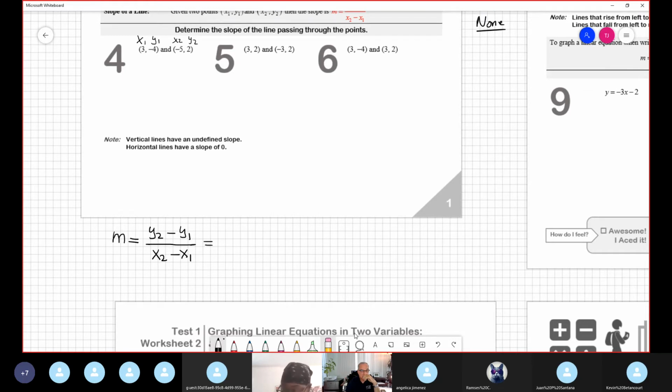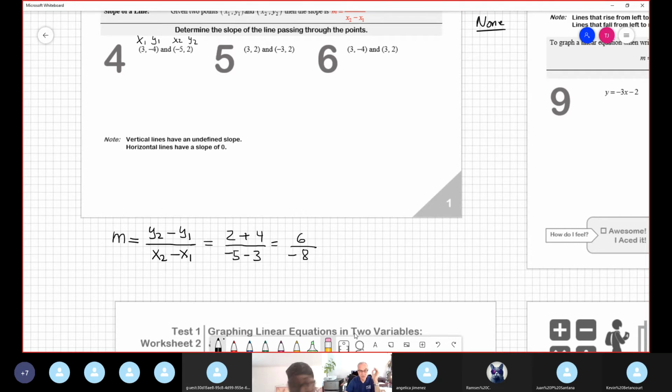In our specific number 4 example, y2 is 2. y1 is negative 4. So we discover that double negative becomes positive. Okay, x2 is negative 5 minus 3. So 6 on the top and negative 8 at the bottom. Leave it like that?